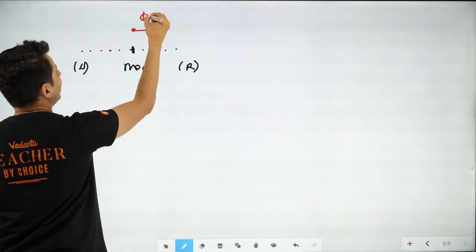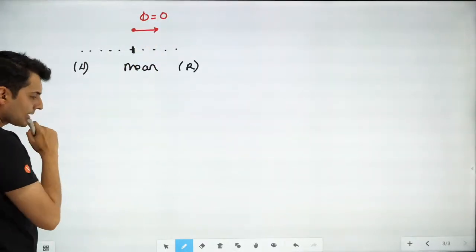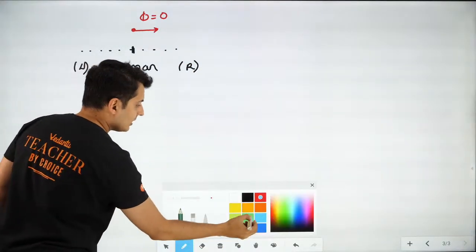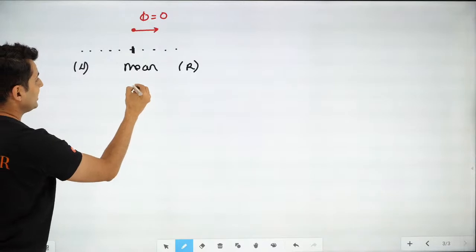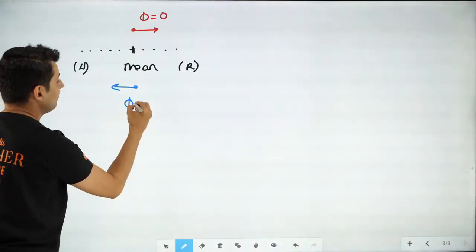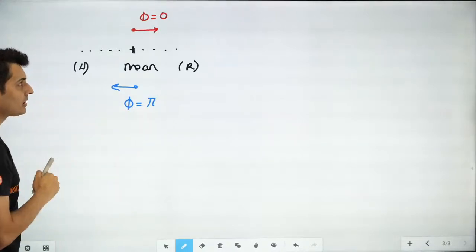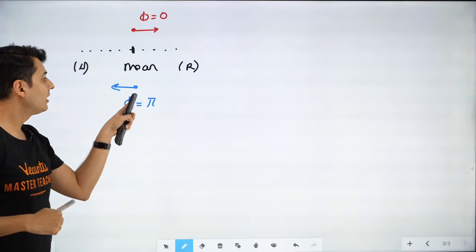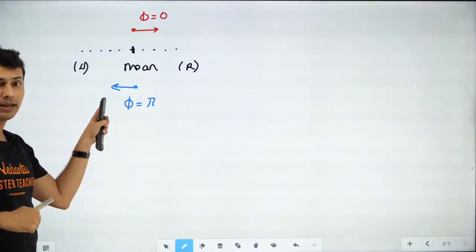I know the value of phi will be 0. Now imagine there is another particle which is over here but going towards the left side. Then the value of phi will be pi radians. The value of phi is 0 for a particle at mean going towards the right, and pi for a particle going left.